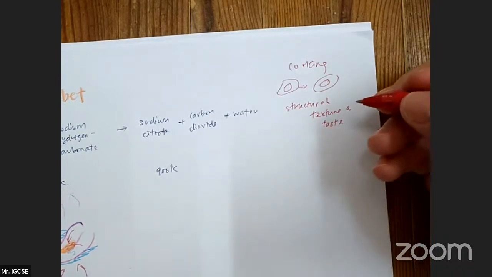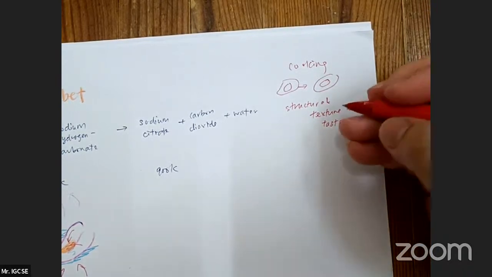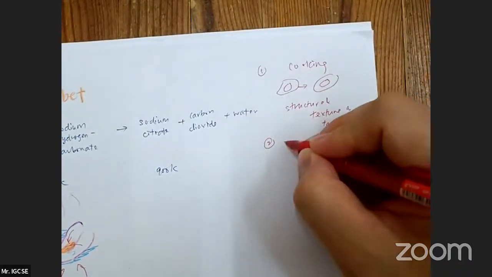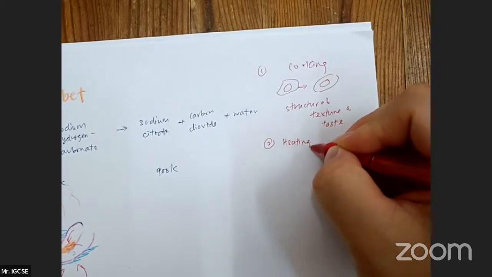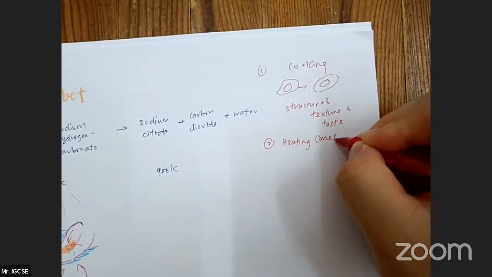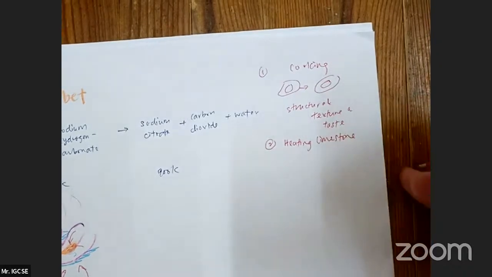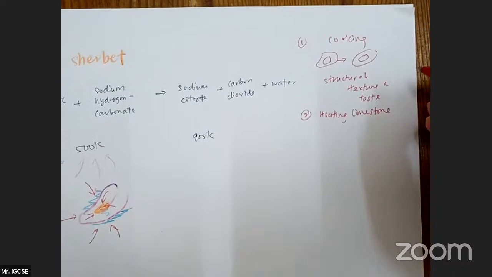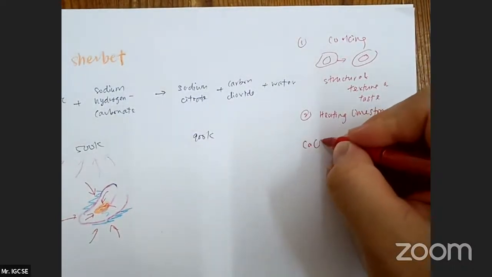Next will be heating limestone. Limestone is made of calcium carbonate, CaCO3.